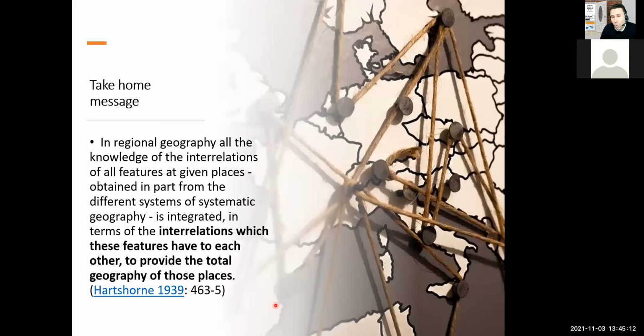And the final take-home message, if the time allows, is that in regional geography, the prime goal currently is to understand these interrelationships involving different features, different issues, and it is fundamental to understand that one specific issue is not only centralized, probably in southern Italy, for example, but is related with something that happens maybe in Central Europe.